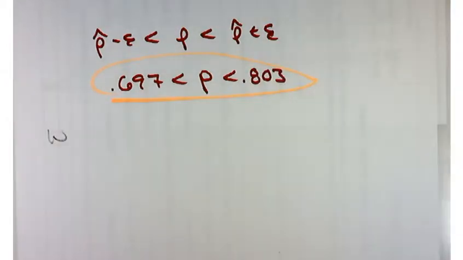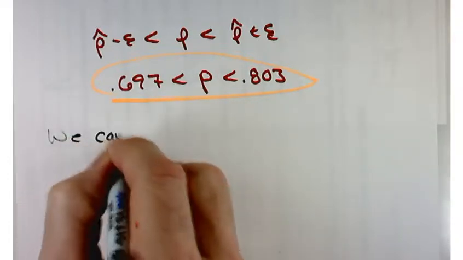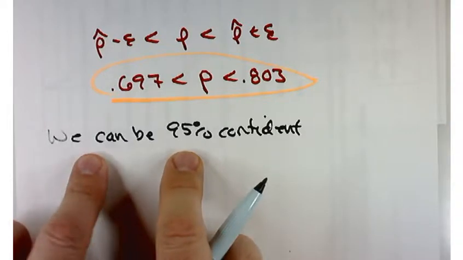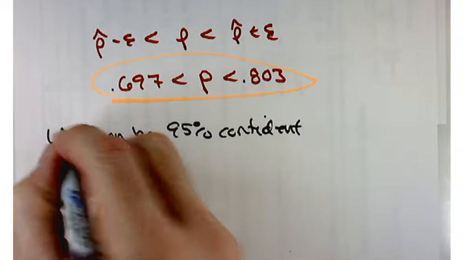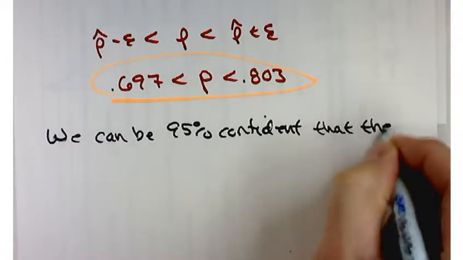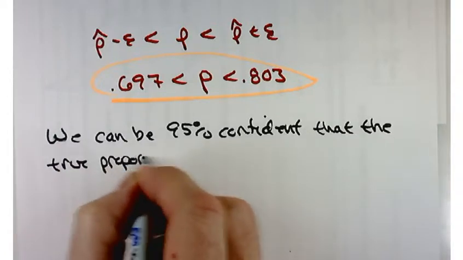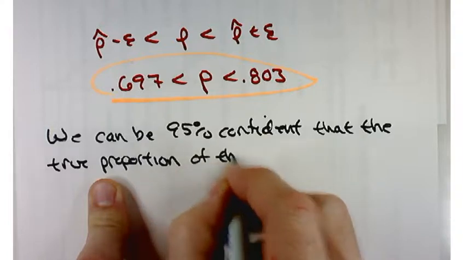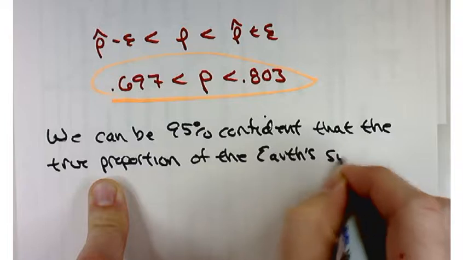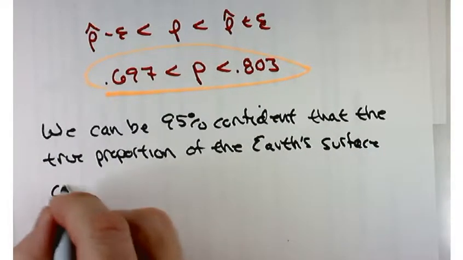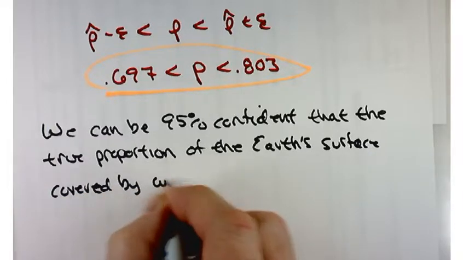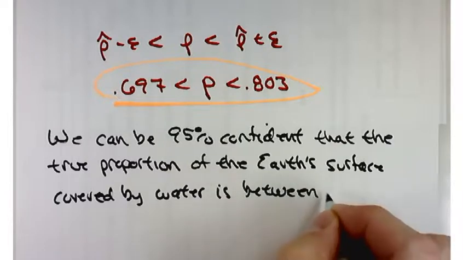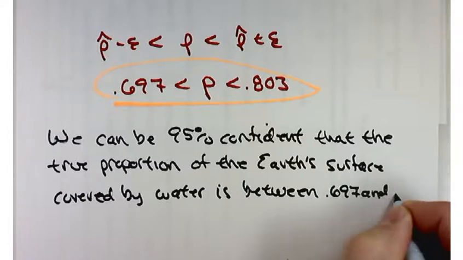So this says we can be 95% confident, and that's the way I want you to start out these things, by talking about the level of confidence that you used to construct this, that the true proportion, and I like you describing what parameter we have here, the true proportion of the Earth's surface covered by water is between 0.697 and 0.803.